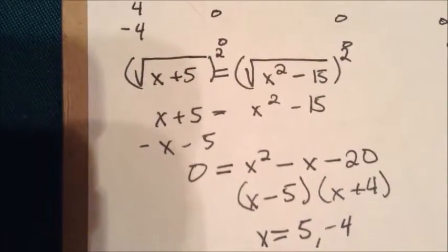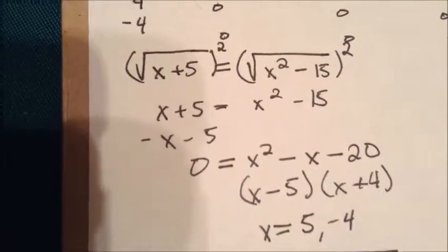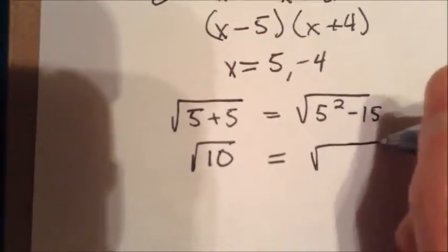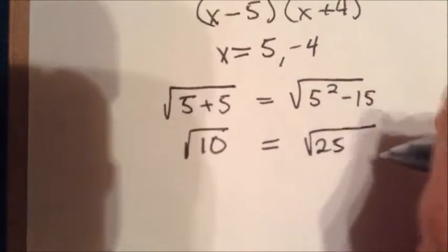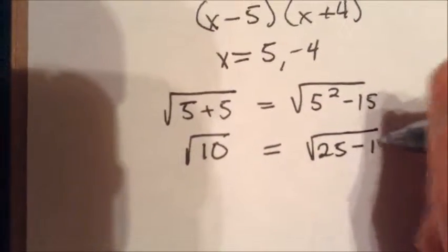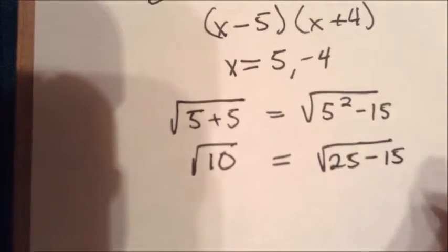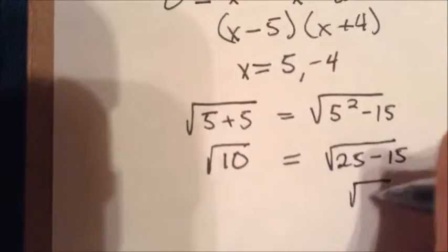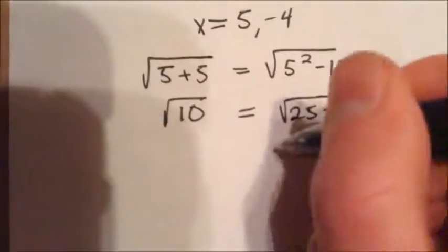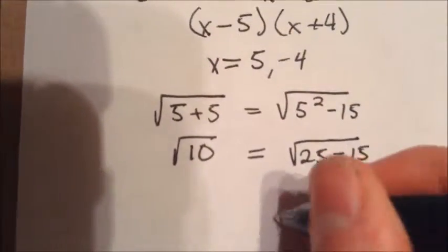So this gives you square root of 10 equals square root of 25 minus 15, which gives you square root 10. So 5 works.